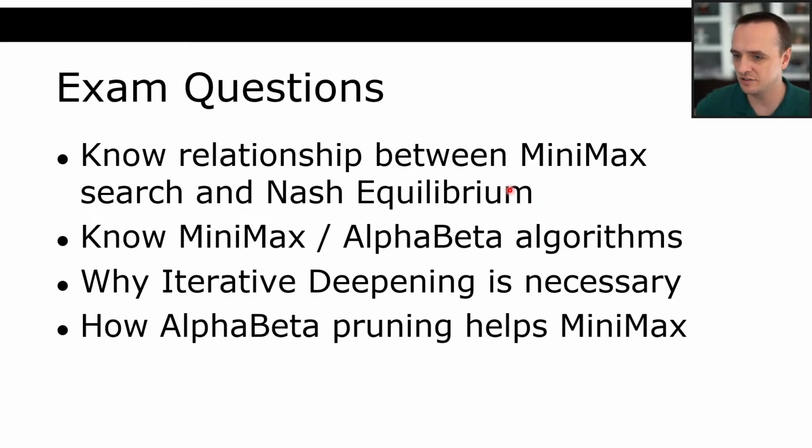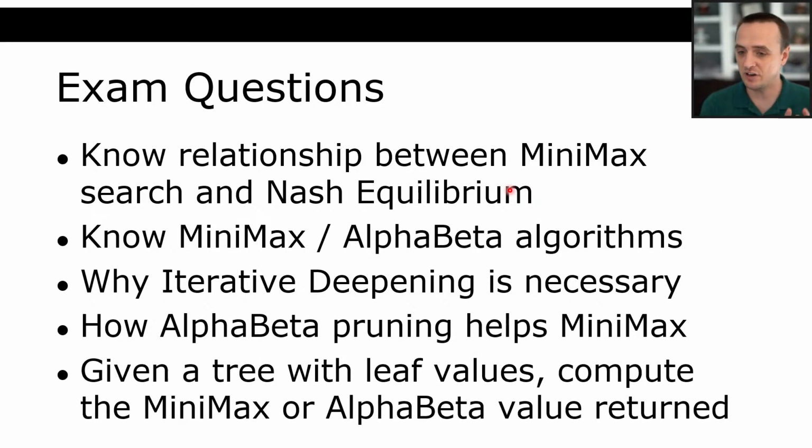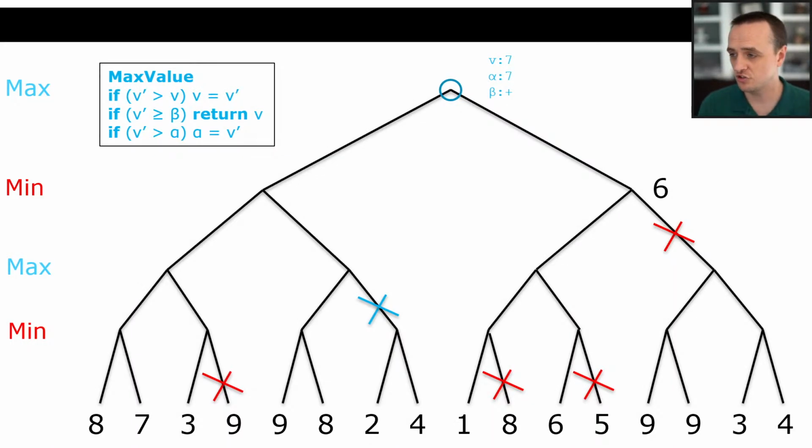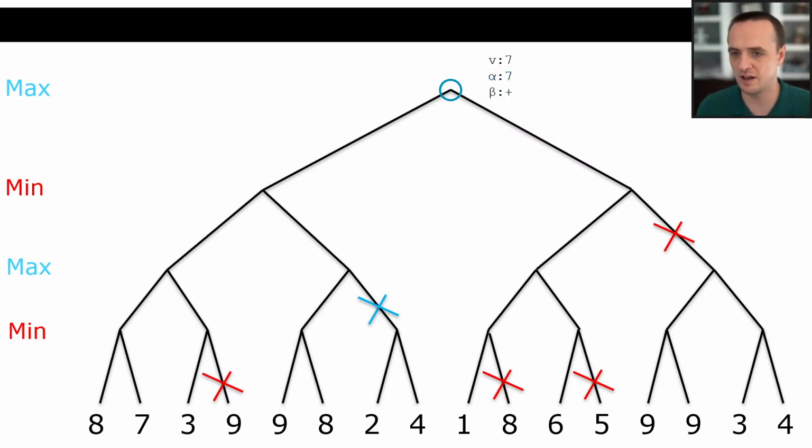What exactly is it doing? And given a tree with leaf values, compute the MiniMax or AlphaBeta values that were returned. So that tree that I showed you, right? Let me just go back. If I give you this tree with these values, you should be able to do MiniMax on that and give me the resulting value up here at the top. You should be able to do that.